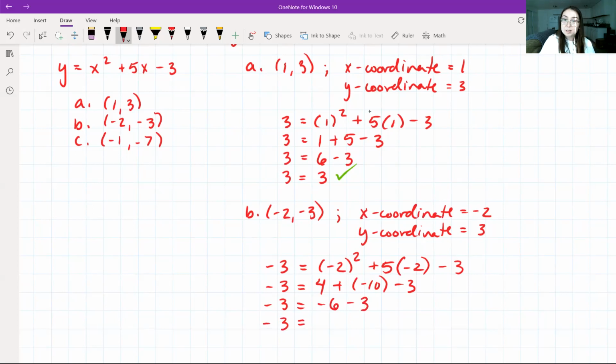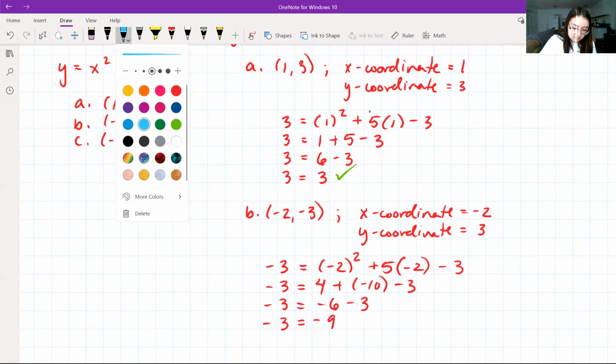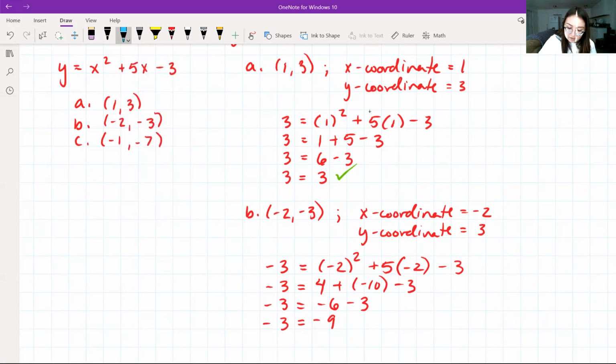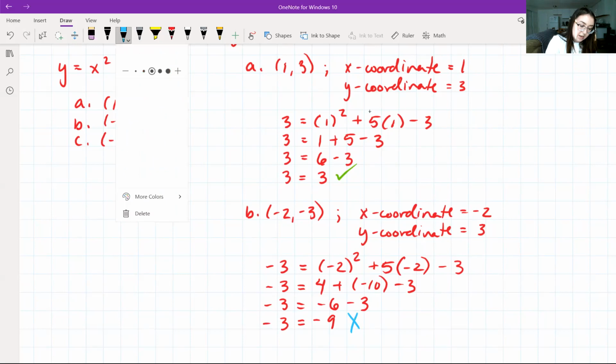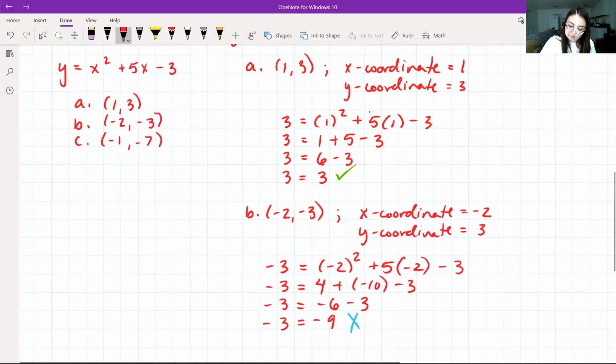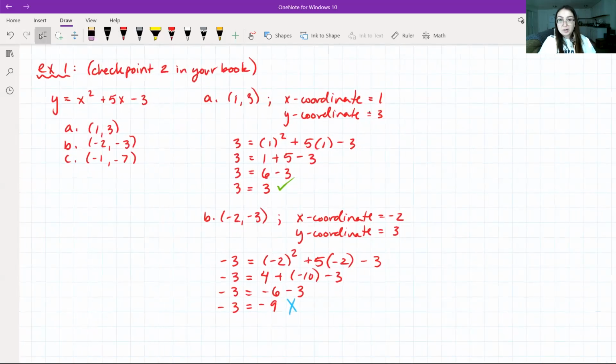And -6 minus 3 is going to be -9. So -3 and -9 do not match. So that means that our ordered pair (-2, -3) is not a solution. So far we have the ordered pair (1, 3), which is a solution, and the ordered pair (-2, -3) that is not a solution.